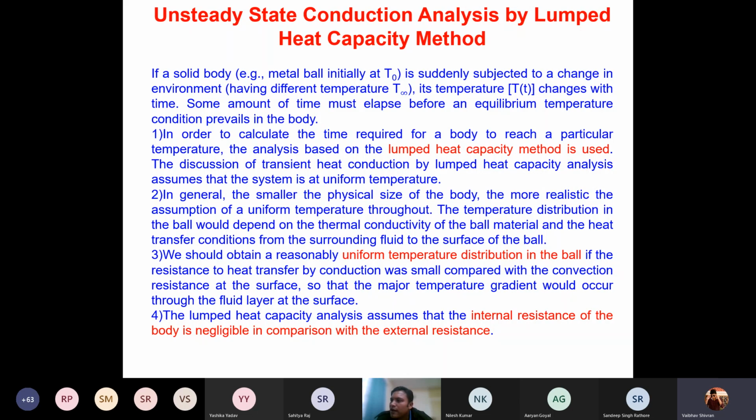So what we said is, if you want to find the time required for a body to reach a particular temperature in unsteady state heat transfer, we assume the body as a lumped parameter, that means the conduction resistance is relatively negligible compared to the convective resistance. In that case, the complete body we can consider as one single lump with the same heat capacity, and the balance equations become further simplified.